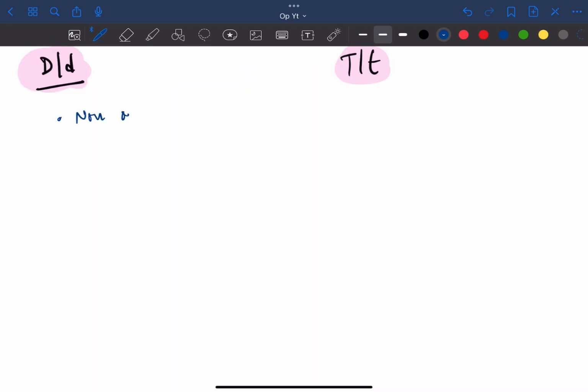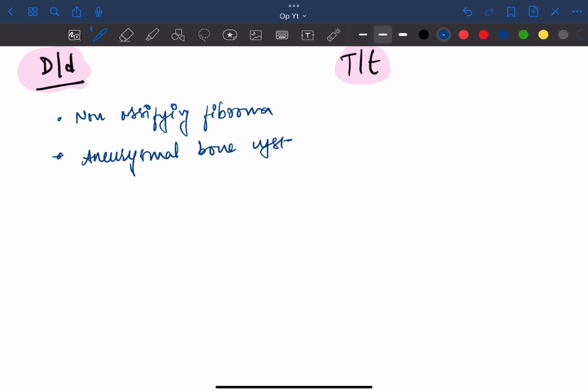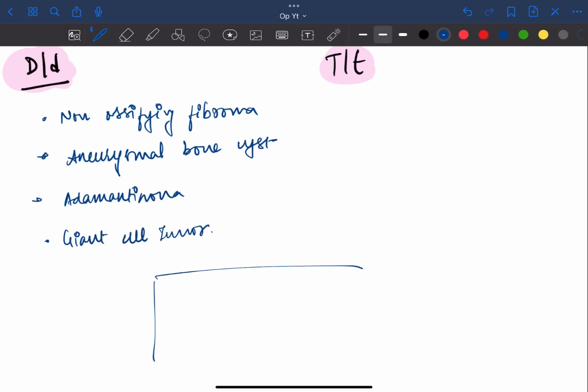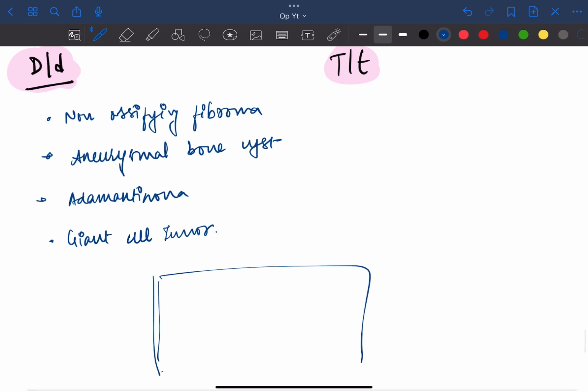Now there are some differential diagnosis. We have non-ossifying fibroma, aneurysmal bone cyst, adamantinoma, giant cell tumor. Before knowing the treatment, we need to know some extra points.